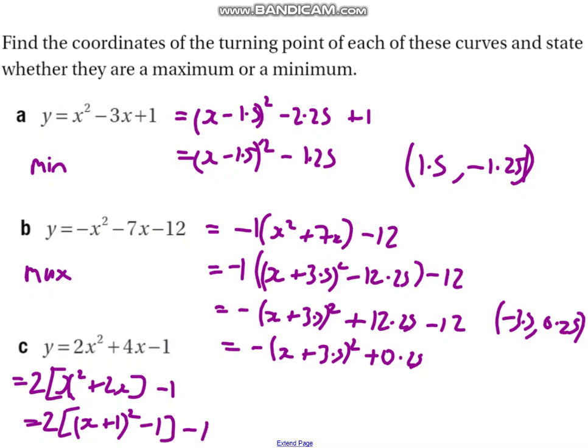This minus 1 comes from completing the square. I've now got 2, and I multiply it out: 2 times x plus 1 all squared, minus 2 from that, minus 1 from that, so just do it in one step, minus 3.